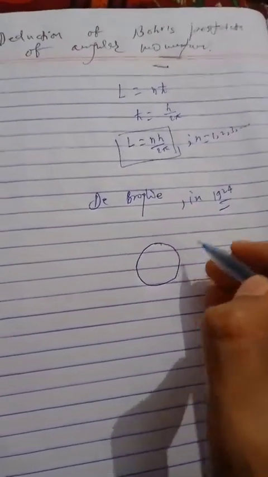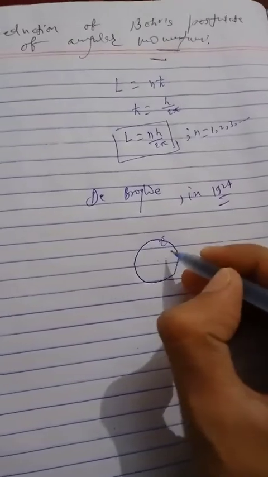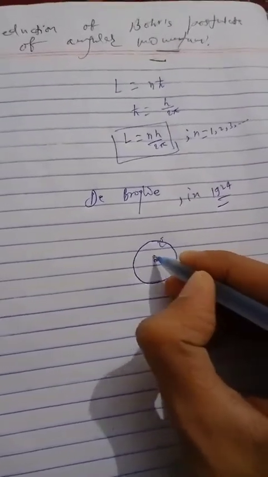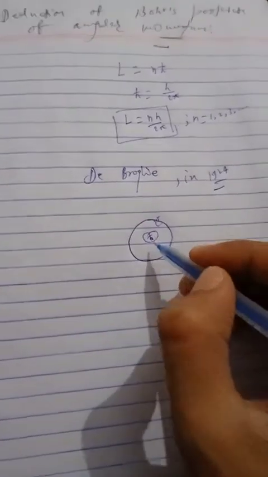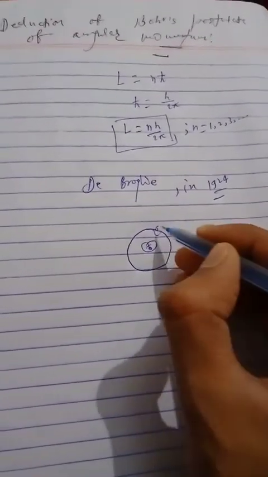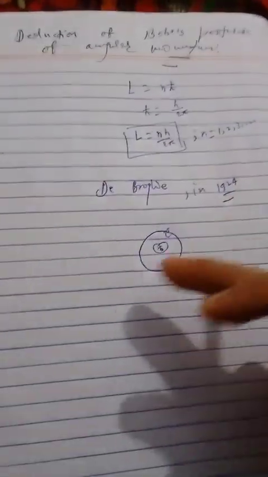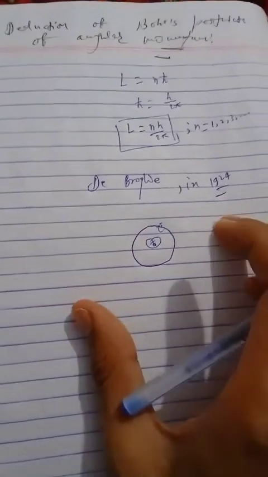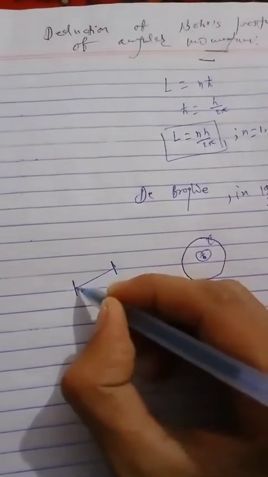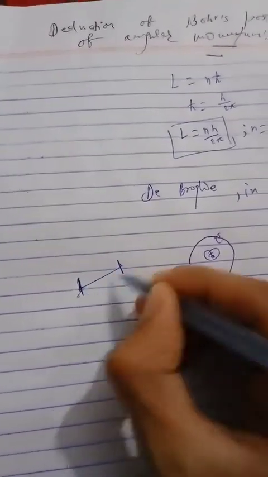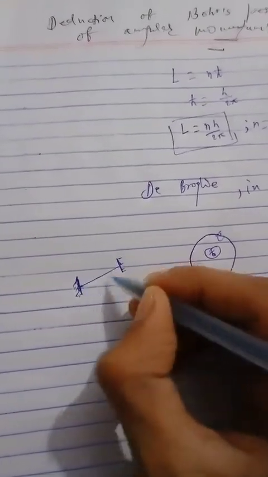De Broglie said that an electron that revolves around the nucleus, which is the positively charged part composed of neutrons and protons, actually exhibits wave nature. And what kind of wave? He said that this electron exhibits some sort of standing wave, similar to the standing waves on a string when it is fixed at two endpoints. Suppose this is a string and this is a wall, whose two ends are fixed.